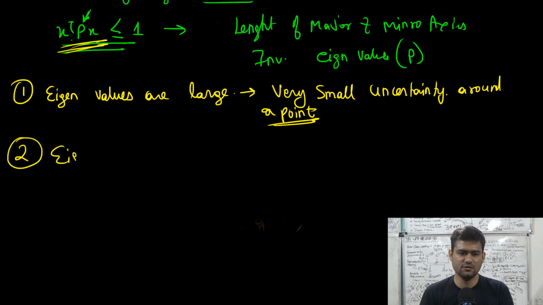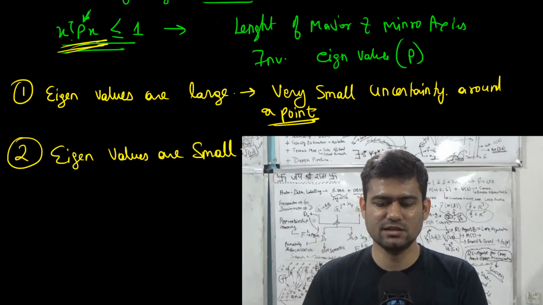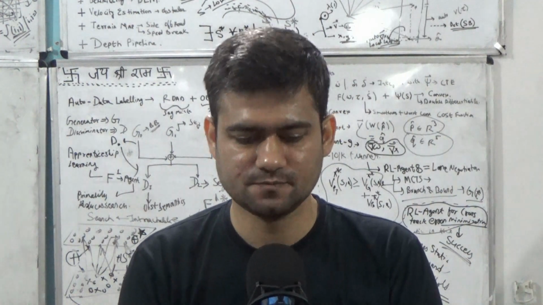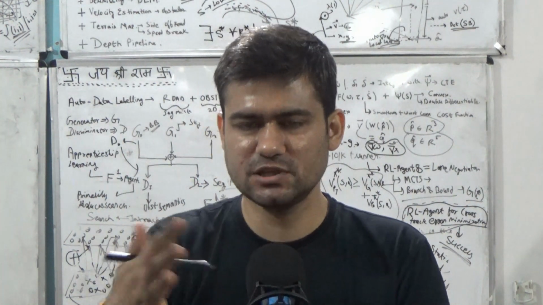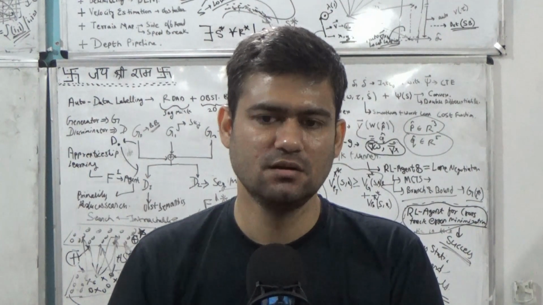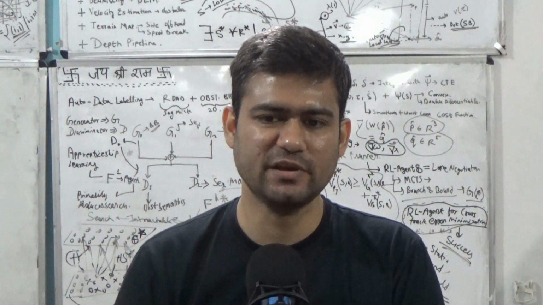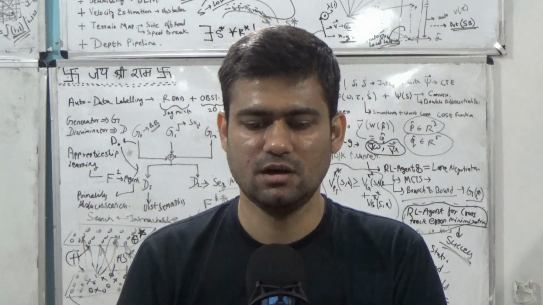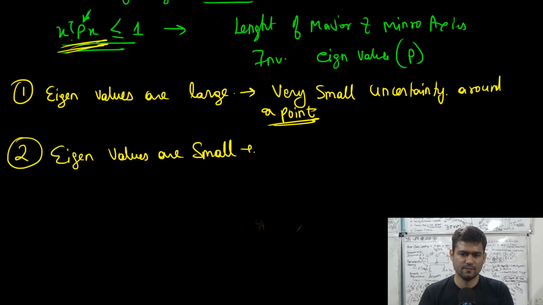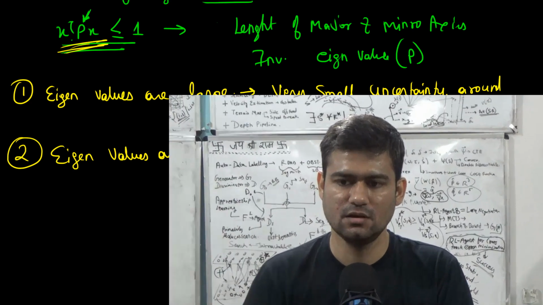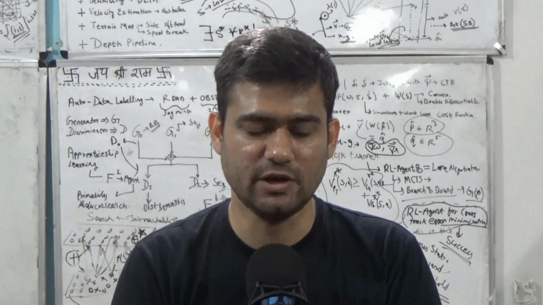Furthermore, if the eigenvalues are small, there is a very high degree of uncertainty and the ellipse is very large, which means the region around pixel P is roughly a flat region, denoting a large uncertainty, meaning this point cannot be a corner point.